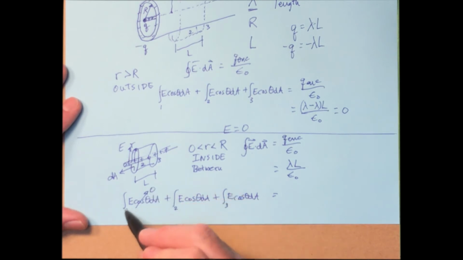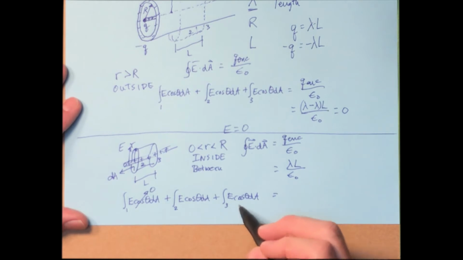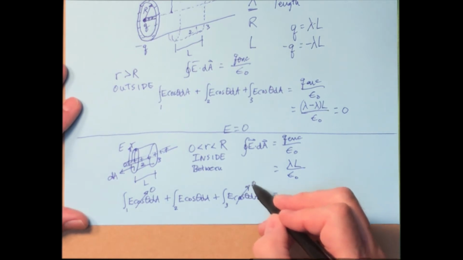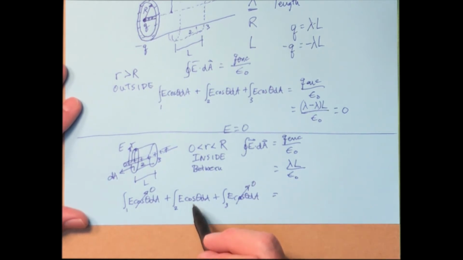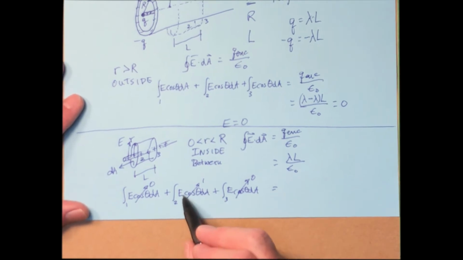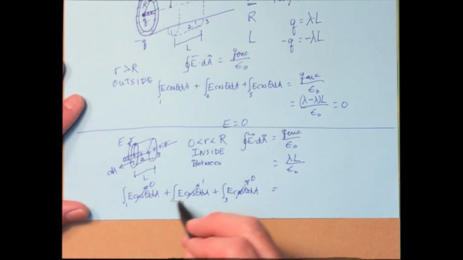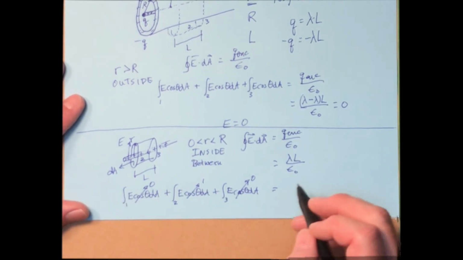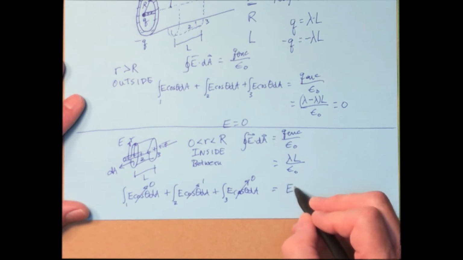That's going to be 0 for all points in area 1. By the same reasoning, 0 down here. That leaves the central portion, and the central portion is going to tell us that the cosine term is going to be 1. The E we can factor out. So all of this reduces down to E times the integral over area 2 of dA.